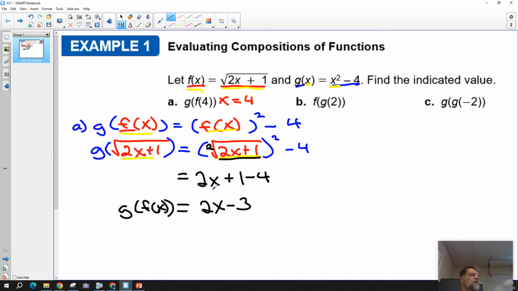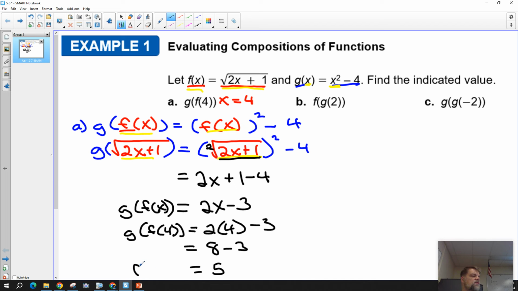So then what I need to do is figure out what that is evaluated at 4. So I say g of f of 4. Wherever there's an x, I plug in a 4. And I get 8 minus 3. What's 8 minus 3? 5. So g of f of 4 equals 5. Okay?